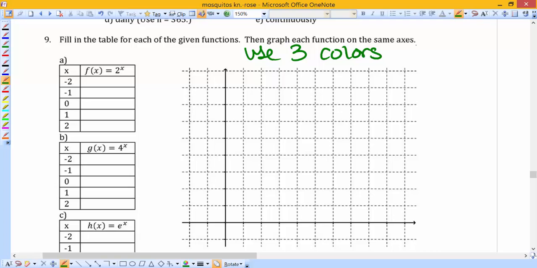You are plugging in. So don't use a calculator here. We have gone over this with the logs. You have 2 to the negative 2, which is 1 over 4. You better be able to do that without a calculator. I don't want to see decimals here. Okay, actually do the work. So I'm not going to do those ones because that should be pretty easy for you.